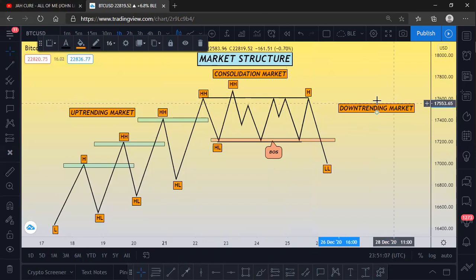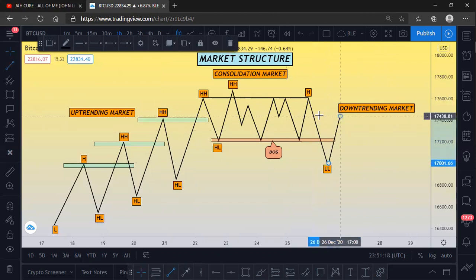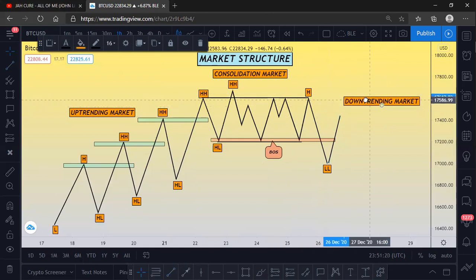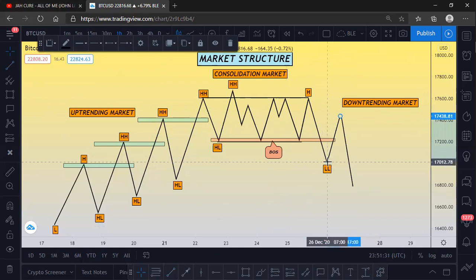You understand? All right, good. So you want to see something like this, then price will always retrace back, but it retraces back and then does not go above this high. You can see this high here, the price didn't go above this high and then went ahead to come down like this.